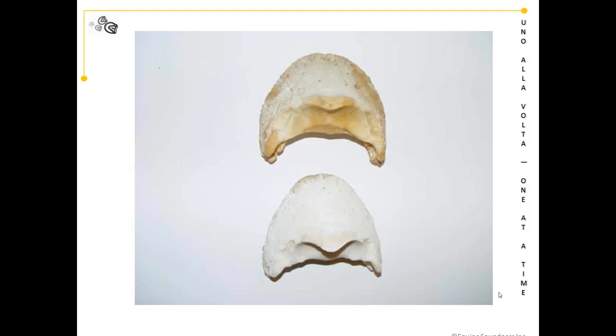When you look at the coffin bone from the top, we had established that the front is rounder and the hind is more spade-like.